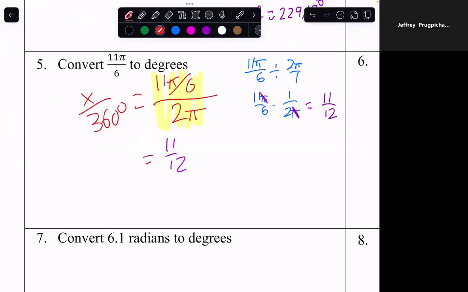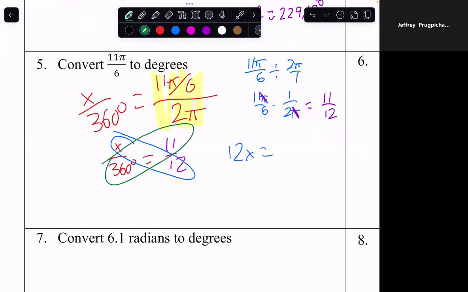But don't forget, that's not the final answer. You still gotta set it equal to this side. So then you have 12x equals 360 times 11, which is a big number. And then divide both sides by 12.